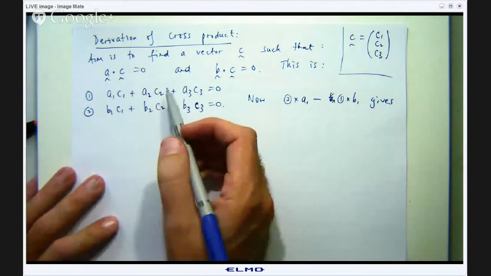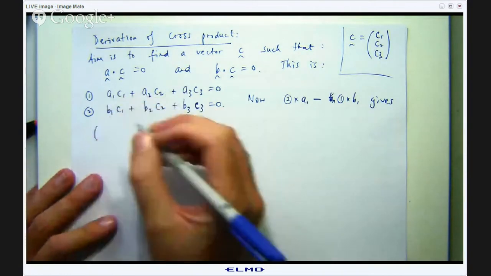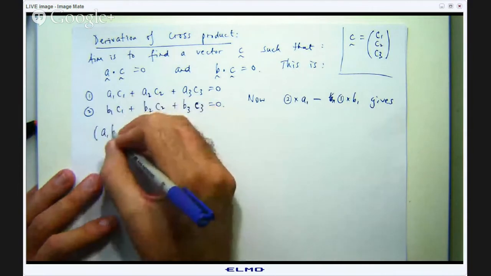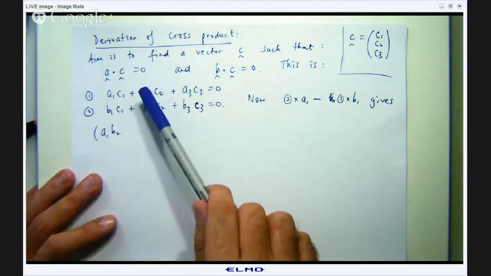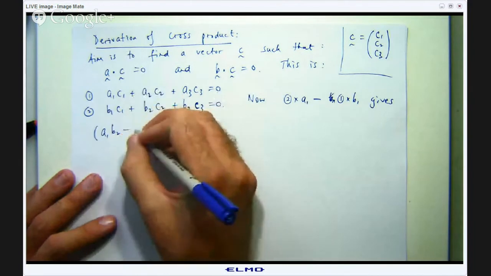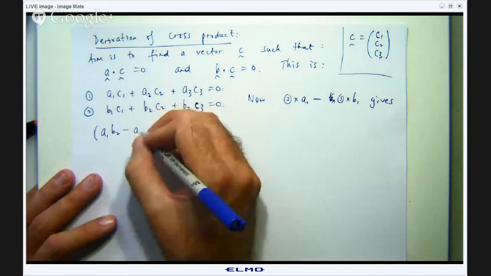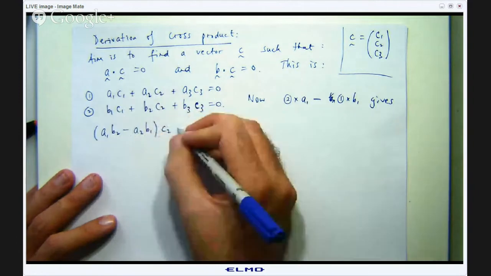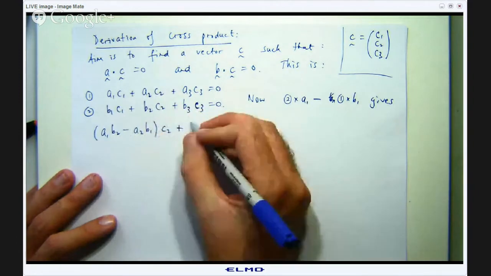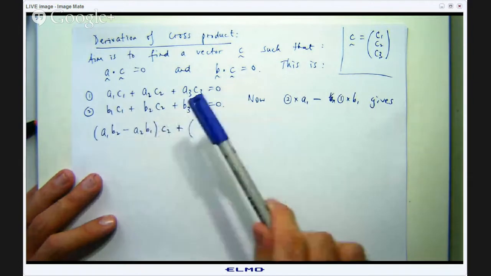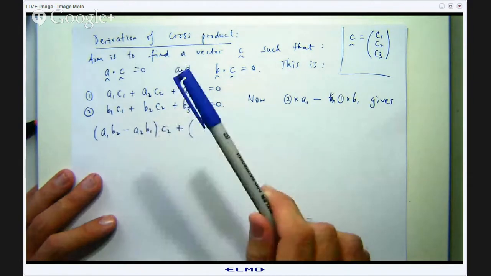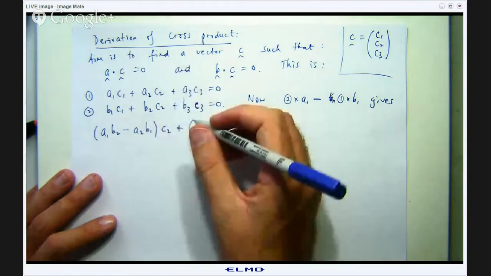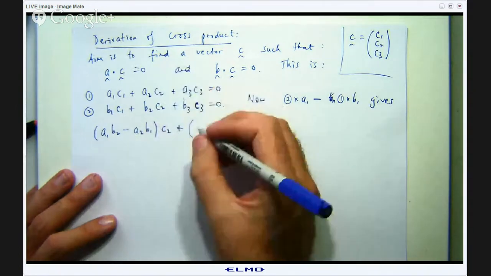Okay, so if I do that, I'll get the following. I'll get an A1, B2 there, and I'll get a B1, A2 there, and a common factor of C2, plus, so I'll have an A1, B3 there, A1, C3 there, a B1, A3 there.